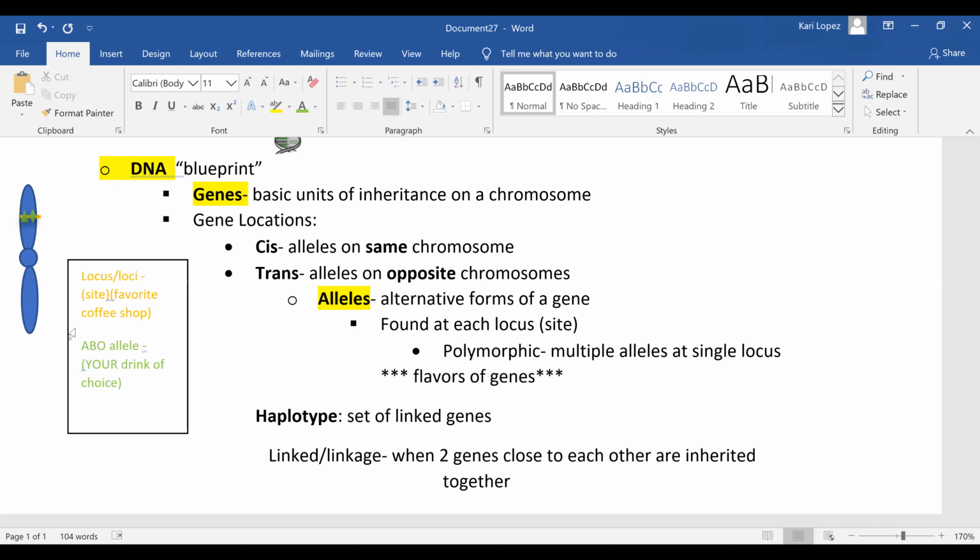Then if someone has brown hair, they're going to have brown eyes, or if someone has blonde hair, they're going to have blue eyes. So when they're linked together, that just means if you get one, you're going to get both. So a person can't have brown hair and blue eyes? Well, a person can, but not if it's a haplotype. Oh, okay. I just used that as an example.